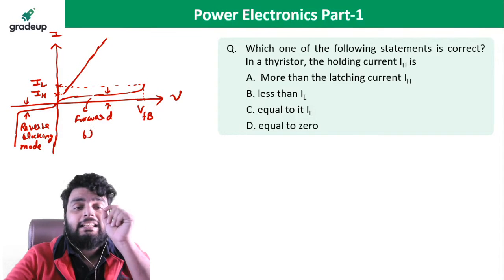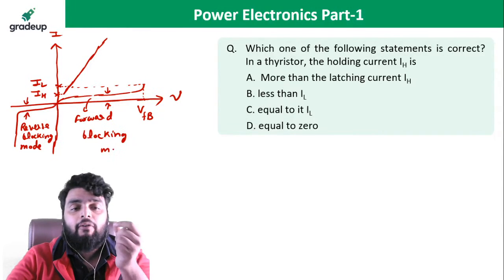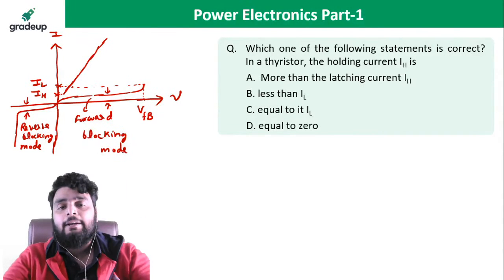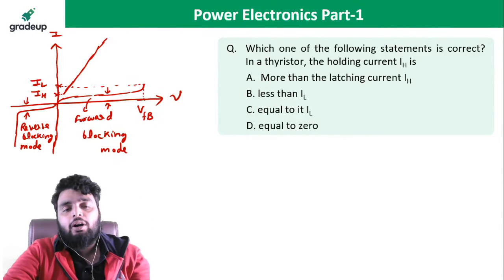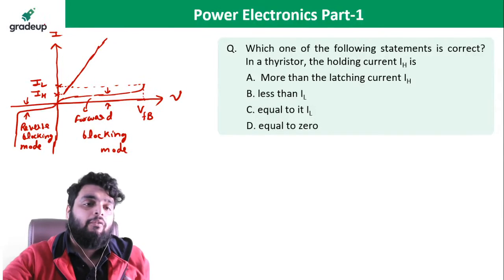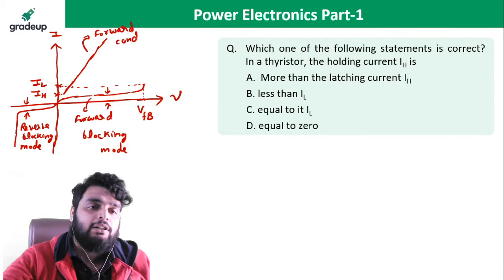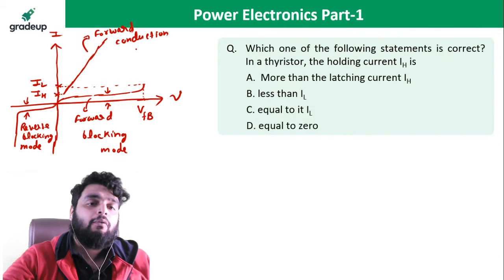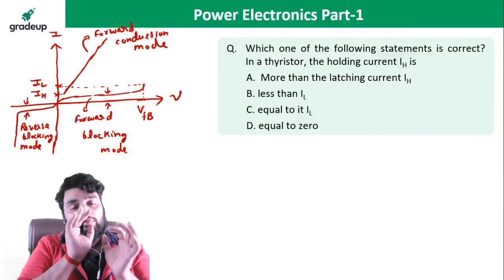But remember, in the case of a diode, when it is forward biased, it turns on suddenly, but this does not happen in an SCR. An SCR will block some amount of voltage, and if you provide the gate pulse, then it enters the forward conduction mode. If you don't provide the gate pulse, your thyristor will remain turned off.